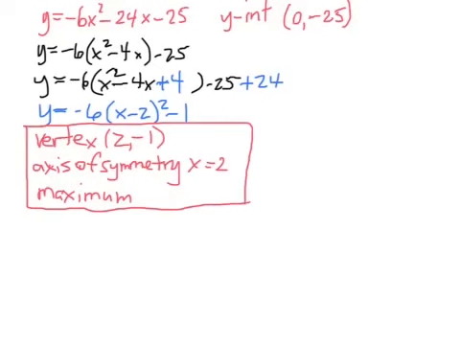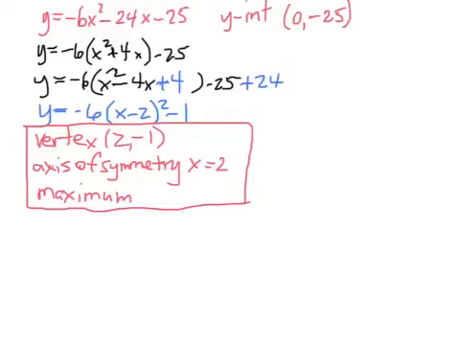And last example, y equals negative 6x squared minus 24x minus 25 goes through the point (0, negative 25). That's its y-intercept. I factor out the negative 6, so that gives me negative 6 times, in parentheses, x squared plus 4x, and then minus 25.